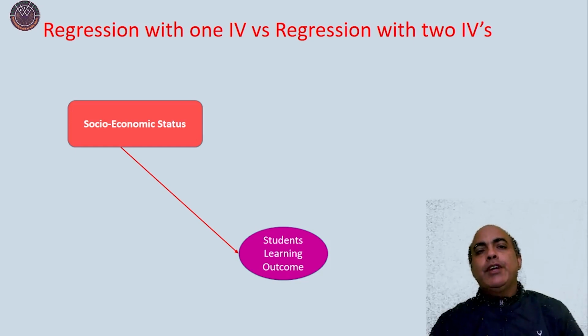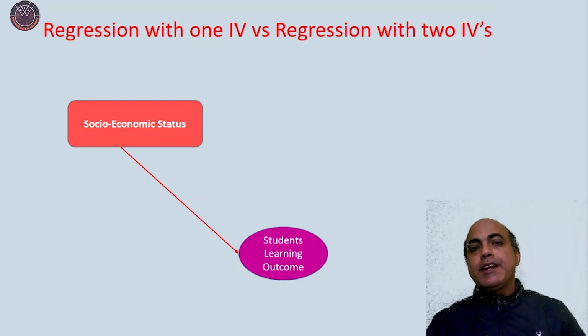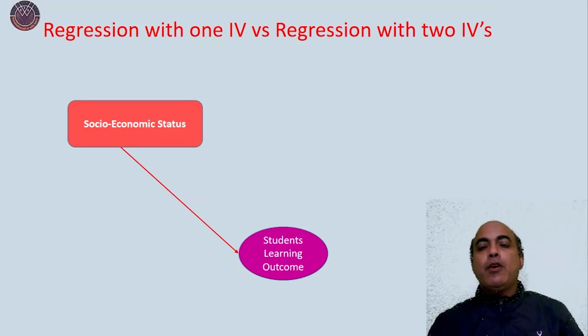So if we are using a student's socio-economic status and by that we are predicting a particular student's learning outcome, then we are just performing linear regression using one independent variable. This is the example of linear regression using one independent, predictive variable, that is socioeconomic status, and we are trying to predict students' learning outcome, that is our criterion variable.